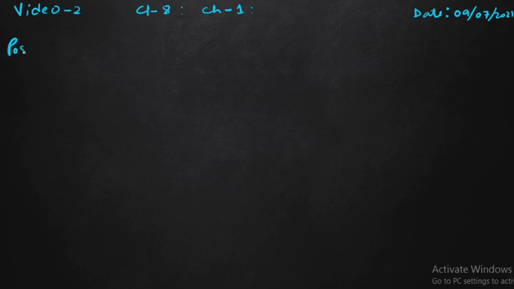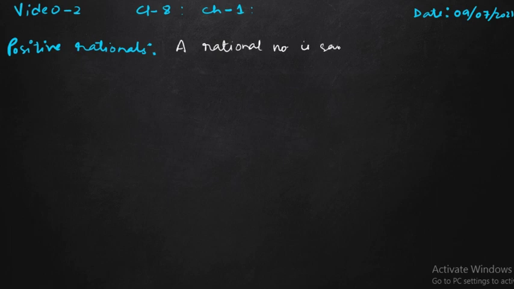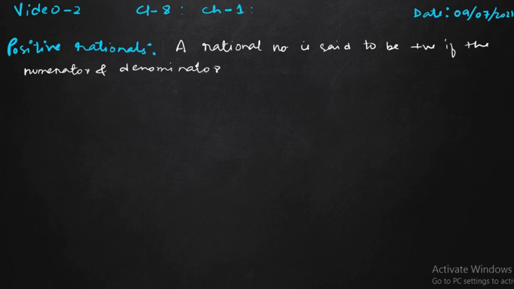positive rational numbers. A rational number is said to be positive if the numerator and denominator are either both positive or both negative.